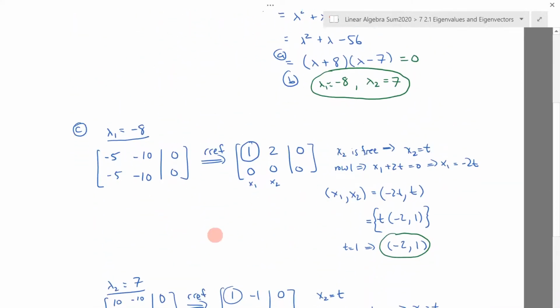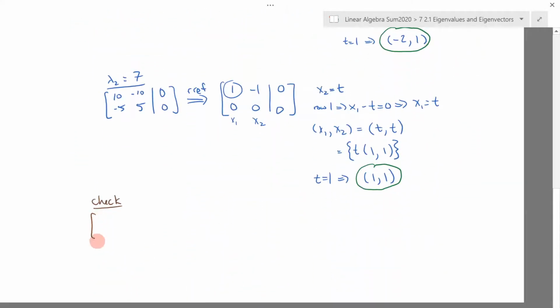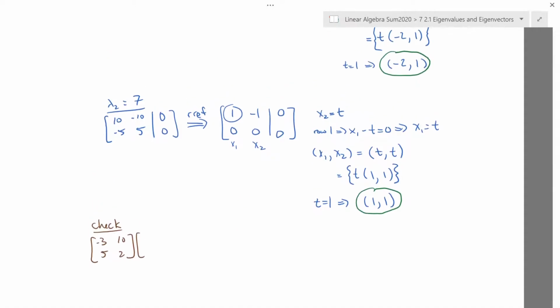So -3, 10, 5, 2, times the vector (-2, 1). It should be a multiple of the original vector, right? So this is 6 plus 10 is 16. -10 plus 2 is -8. And this is -8 times the original vector. So that checks out.